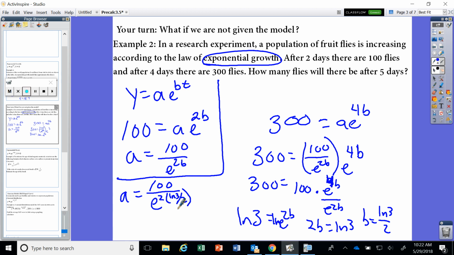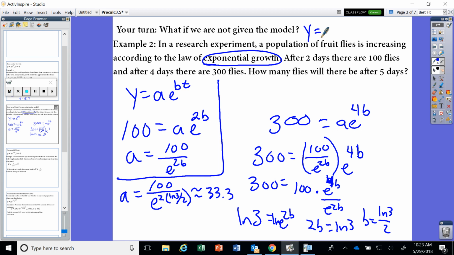We end up getting roughly around 33.3, give or take a few. All right, so now we have A, and now we have B, and now we have our actual model that we can use. So I'm going to throw my model up in here.